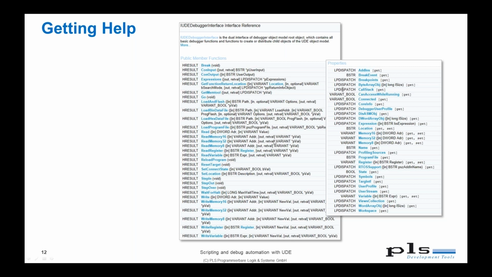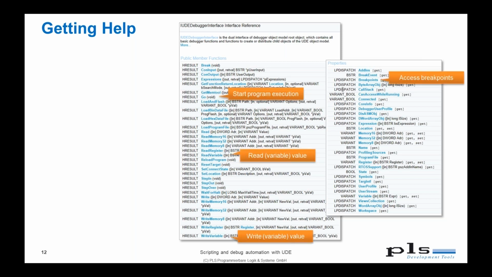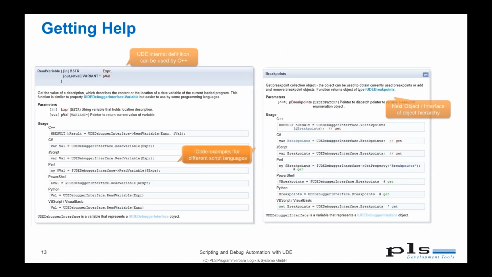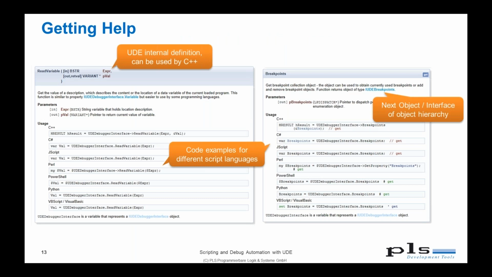But if you click on a function or a method, for example, read variable or access a breakpoint, then you get more detailed information. In the header, you will always find a general and UDE internal definition that can be used in C++. But more important for scripting are the code examples for different scripting languages, always provided for each function or for each property.